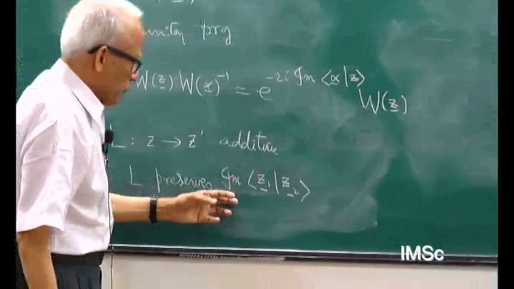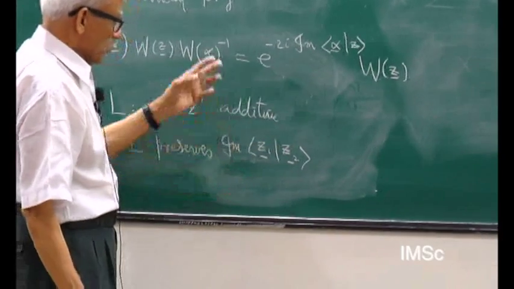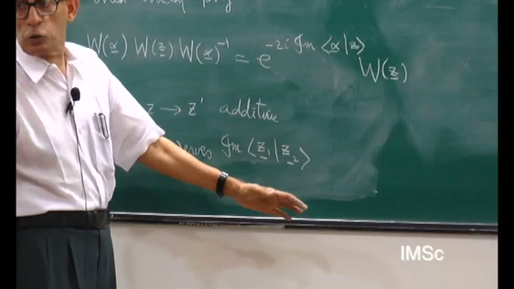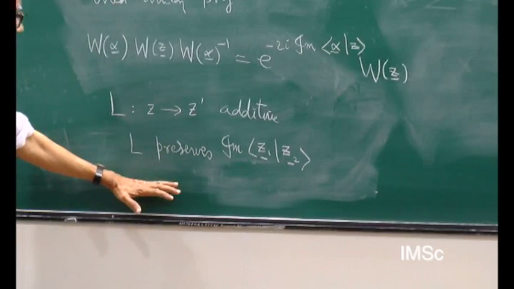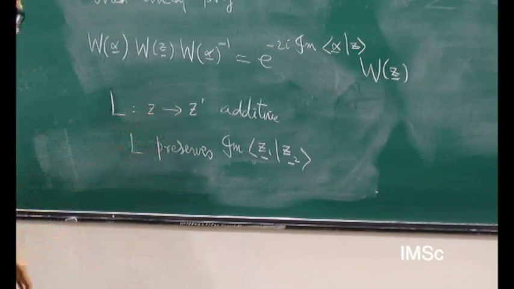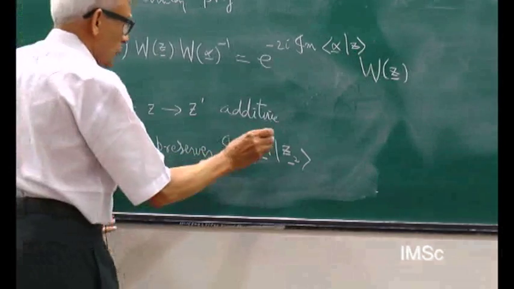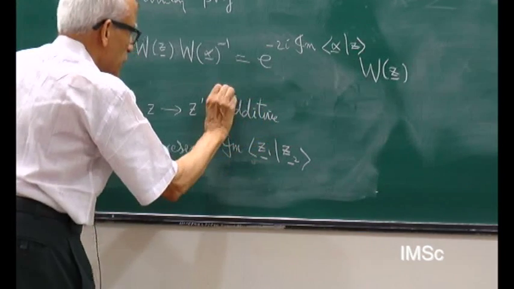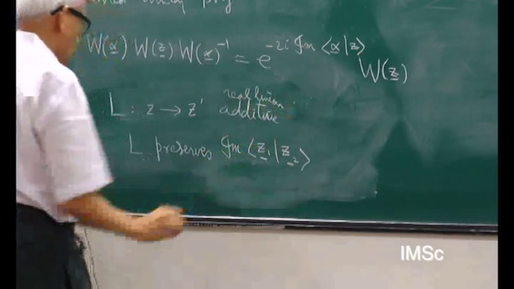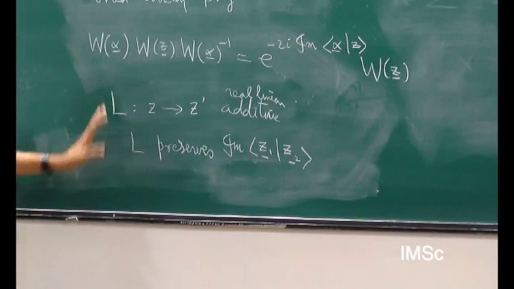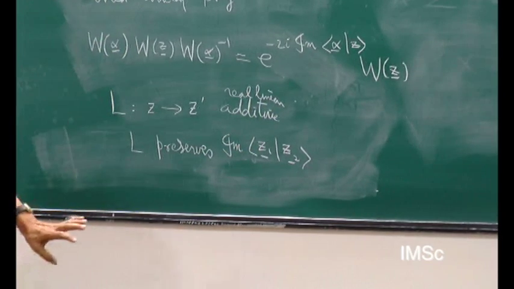That is, imaginary part of Z1, Z2 is also the imaginary part of LZ1, LZ2. And then real linear, instead of additive, real linear. They are the symplectic transformations.